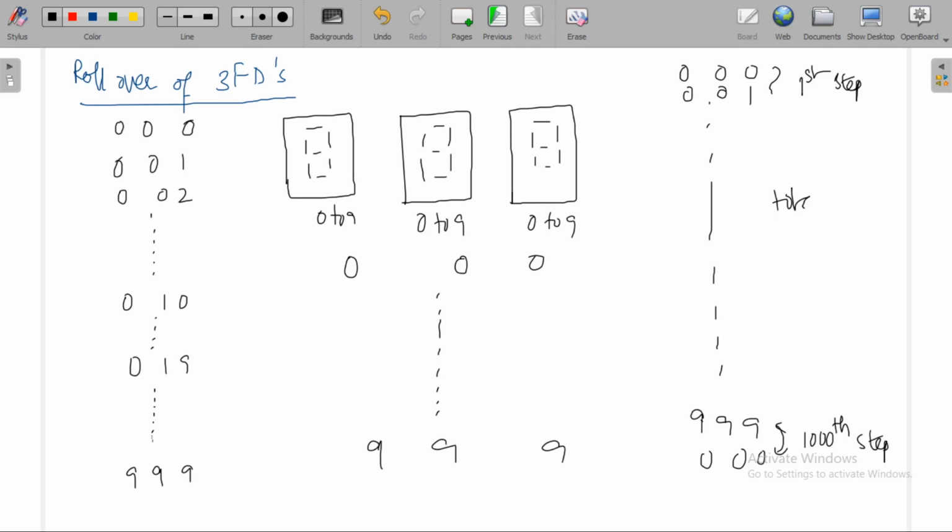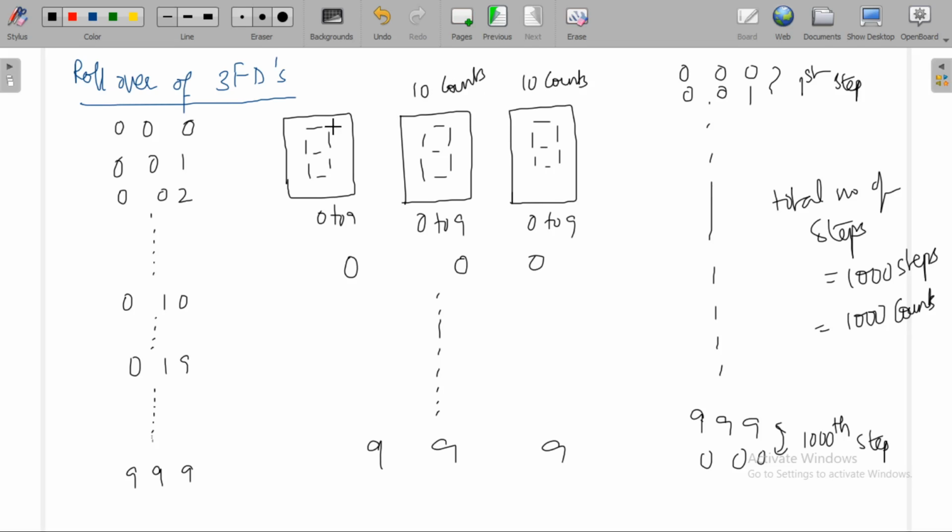Total number of steps is equal to 1000. 1000 steps are 1000 counts. It counts from 0 to 9, which means 10 counts, for each digit.